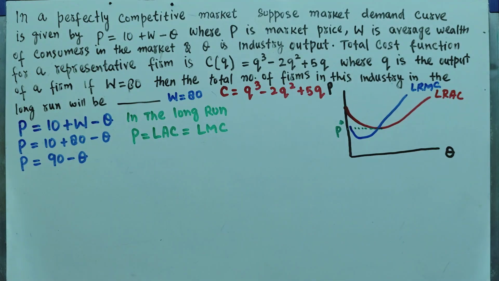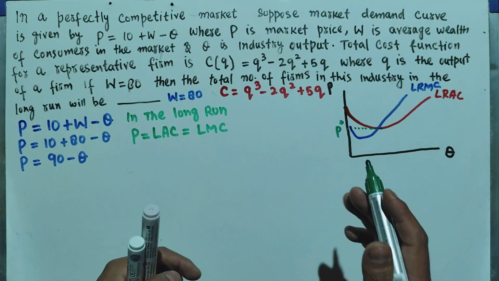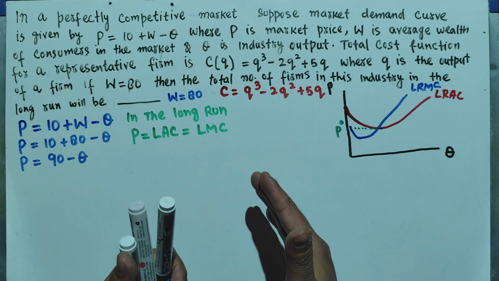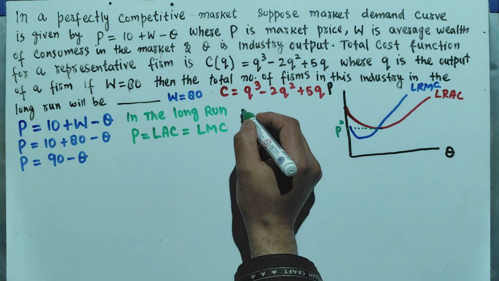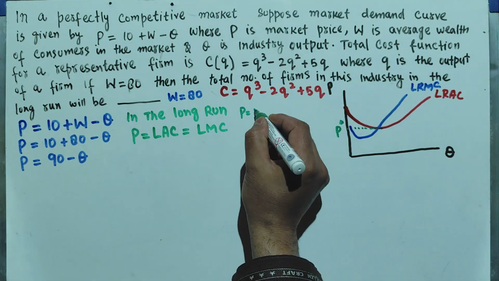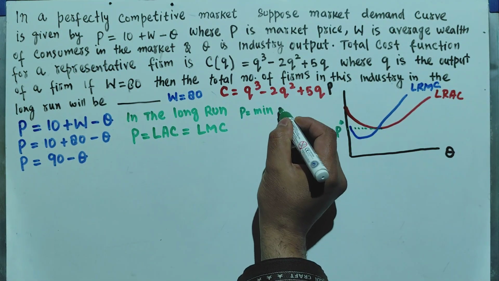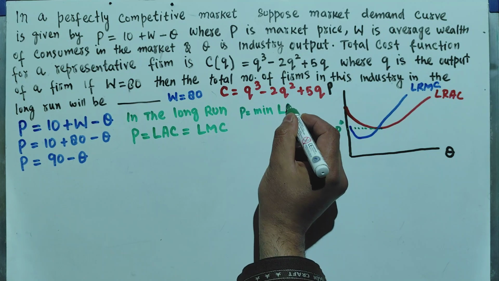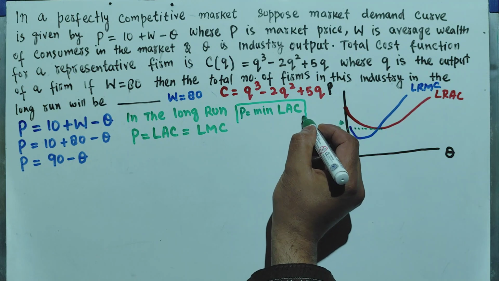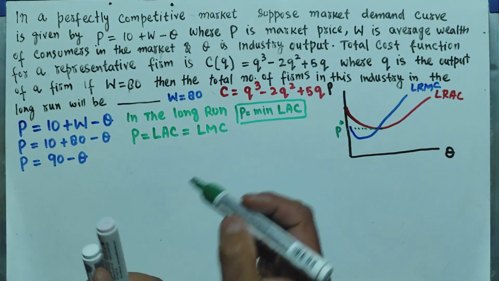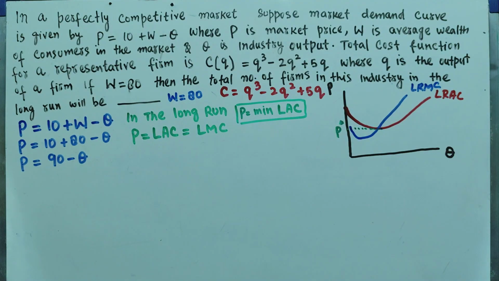And we can also say that price is actually equal to the minimum of average cost. Okay, so I can also write price is equal to the minimum of long run average cost. So either we use this or this to calculate the price.